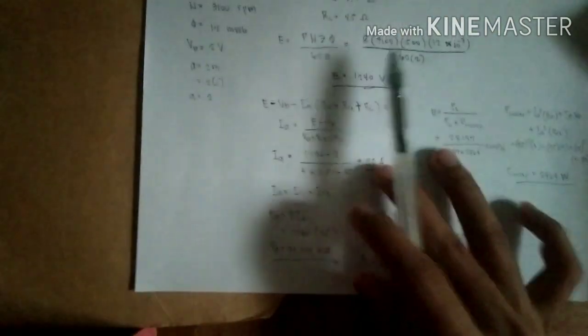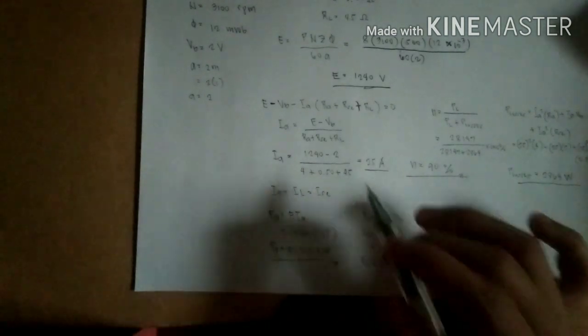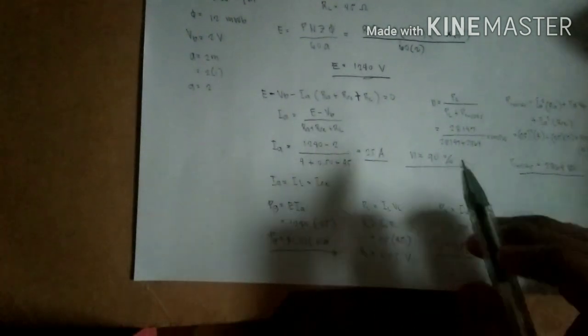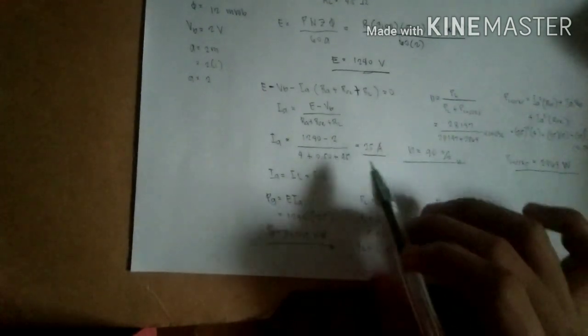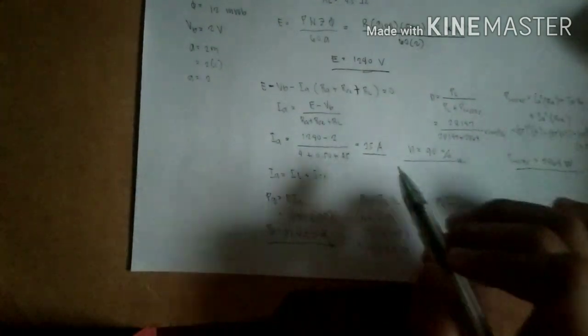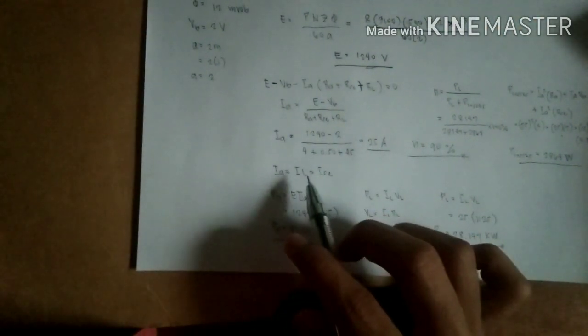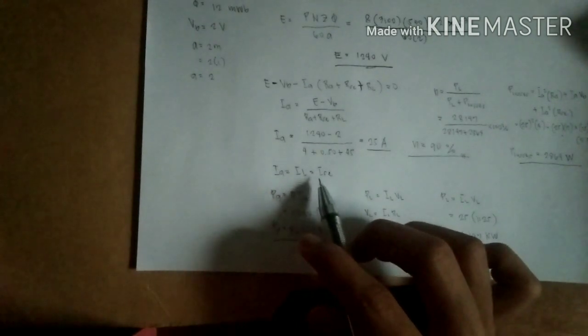Upon using the calculator and solving this, we got the IA, or the armature current, which is equivalent to 25 amperes. So we can say that IA is equal to IL is equal to ISE.